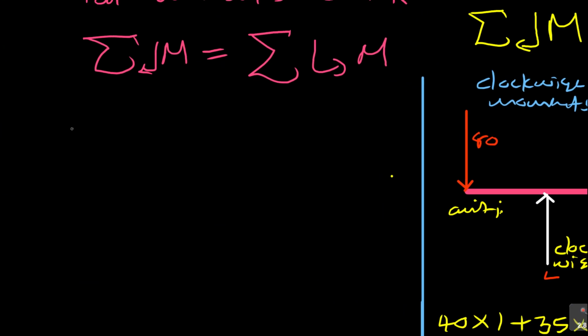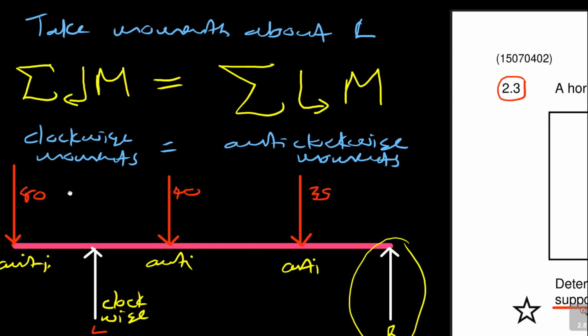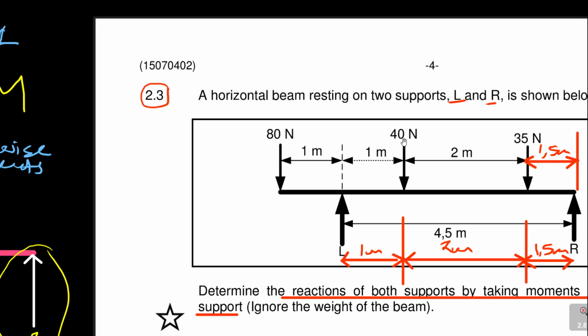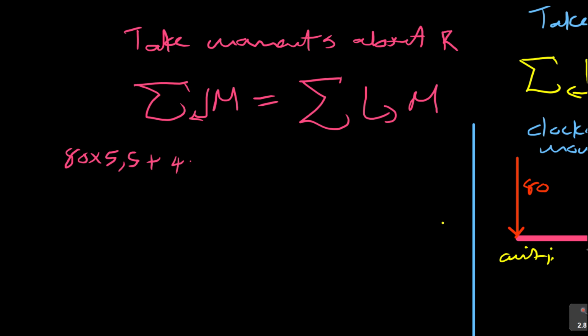Plus the next one, which is 40. We said that was 1,5, so 2 plus 1,5 is 3,5. Remember, it's about R. So we have 40 times 3,5.